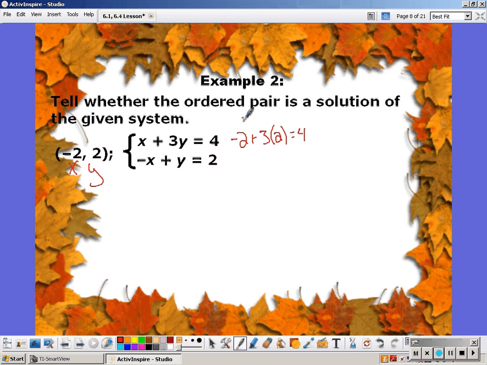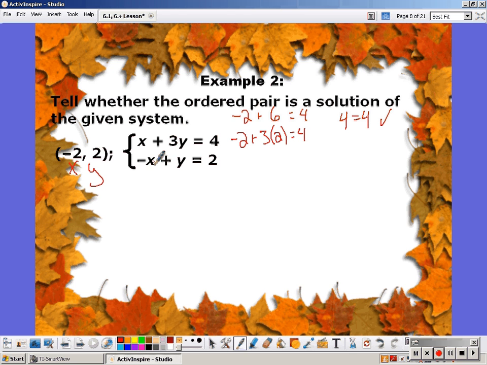Negative 2 plus 3 times 2 is 6. Does that equal 4? Negative 2 plus 6, sure enough, that's 4, and 4 equals 4. So very good. So for the top equation, (-2, 2) works.